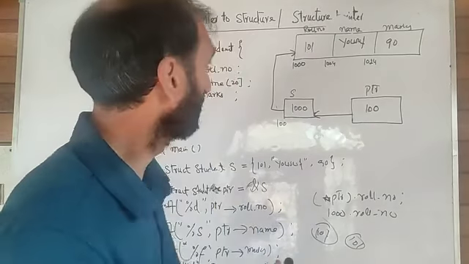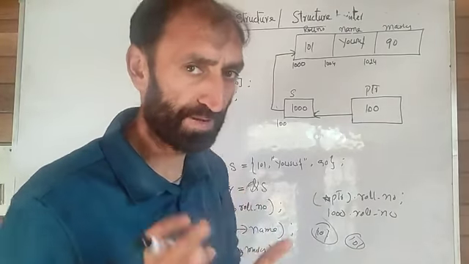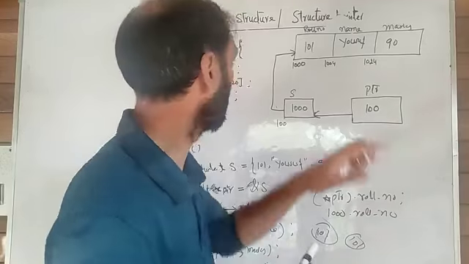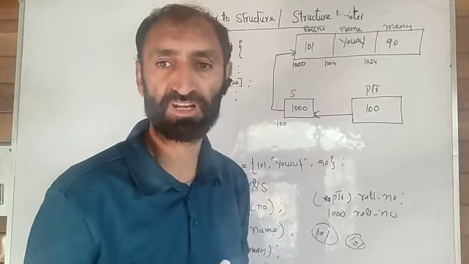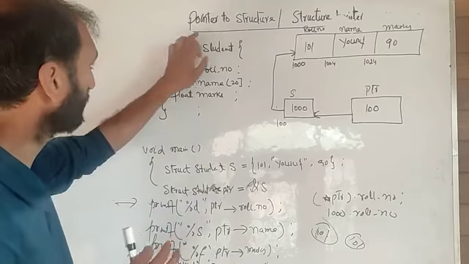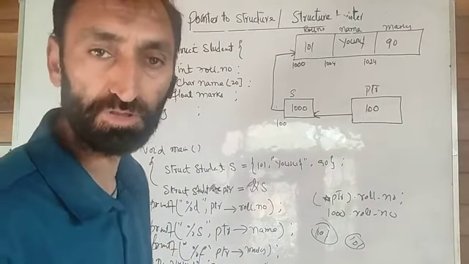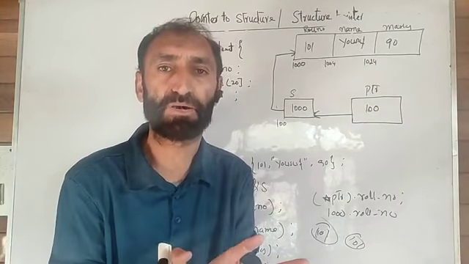Or we can say, what is a pointer to structure? Now you will be familiar with how to use a pointer to structure, or what a structure pointer is. And in the next video we will discuss one more program based on this pointer to structure. Actually, what does a pointer contain? A pointer contains the address of another variable.